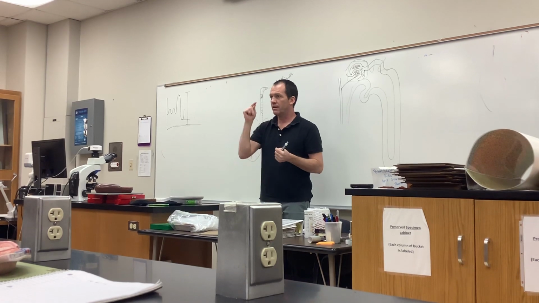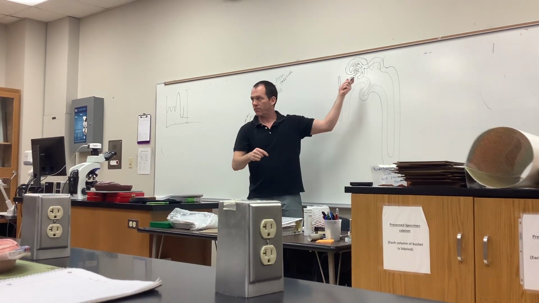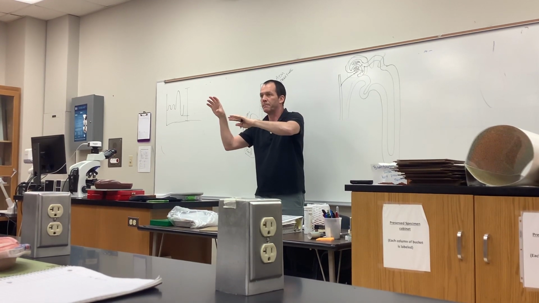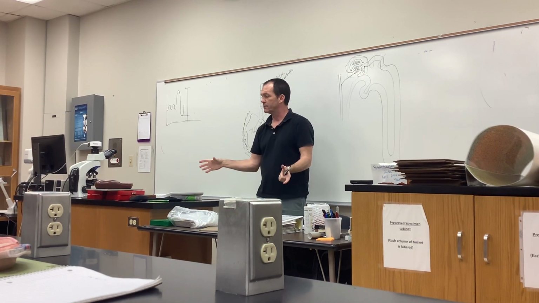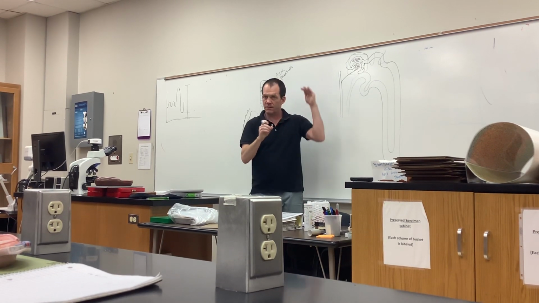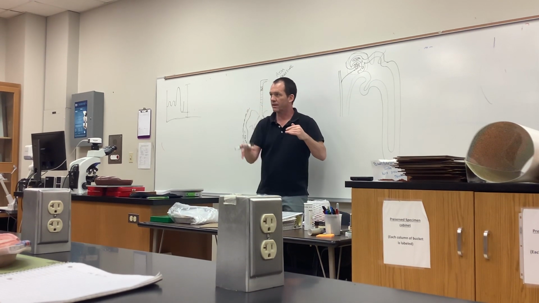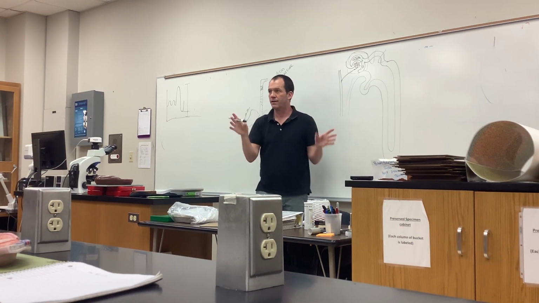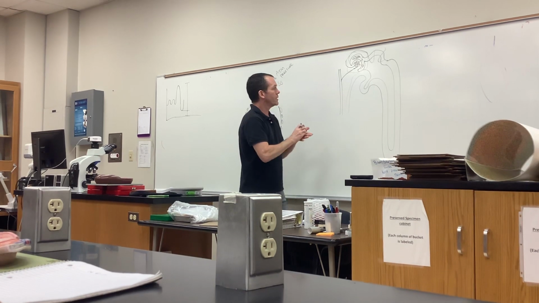But you'll never see a renal corpuscle in the medulla. All of the corpuscles, all the Bowman's capsules and all the glomeruli are in the cortex. So when you see those collecting duct lines, you know you're in the medulla. If you see any corpuscles, you're in the cortex. Right?